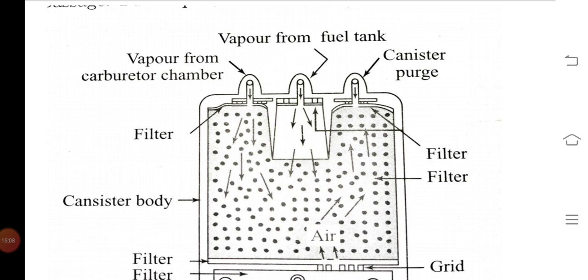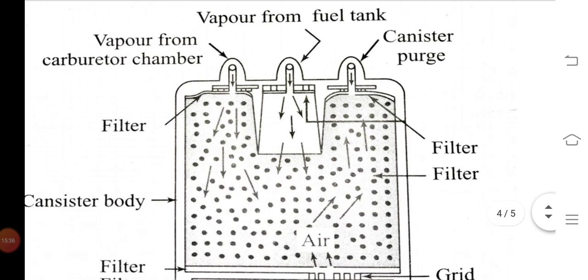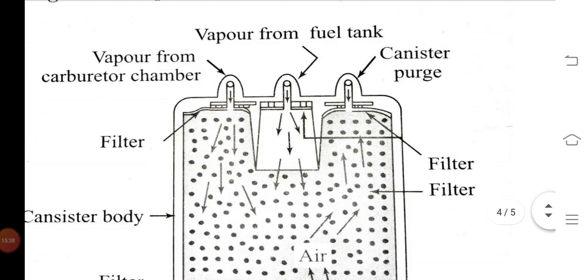And when the engine runs, air reaches the charcoal canister due to the suction provided by the engine, and this air carries away the hydrocarbons in fuel vapors to the engine manifold, and this purge action is also done in this charcoal canister system, which is basically situated on the right side.